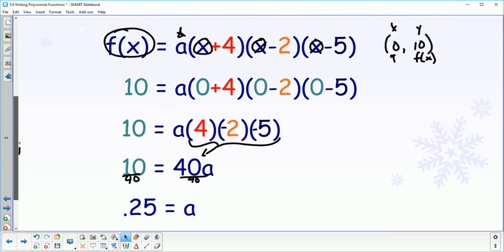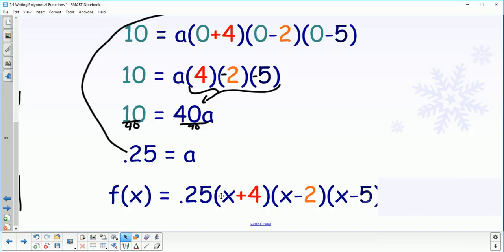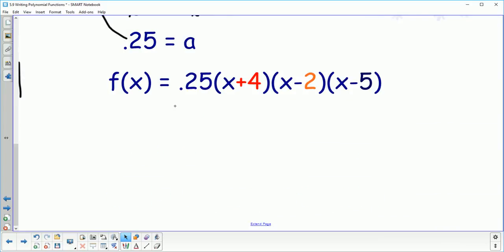Now we know our leading coefficient. So to write our function, we're going to take that leading coefficient and replace a with 0.25, and it would look something like this. f of x equals 0.25 times x plus 4 times x minus 2 times x minus 5. And the last thing that you're going to have to do in class, I'm not going to show it on the video to save you some time, but you could be expected to write this in standard form, which we talked about in class a little bit already.